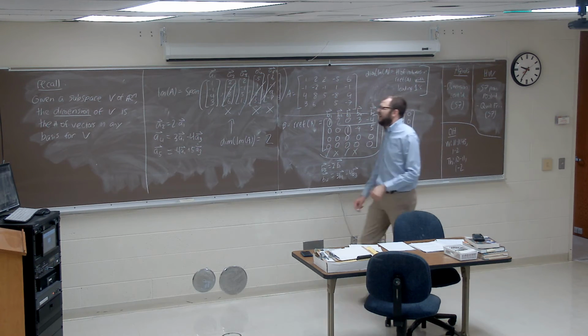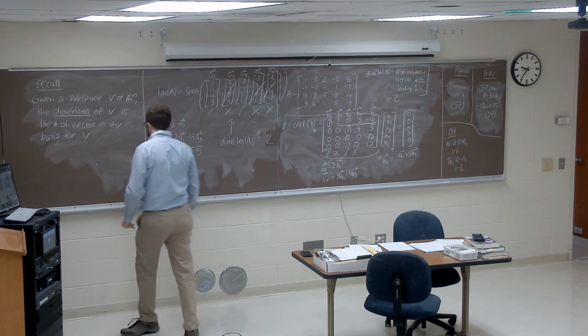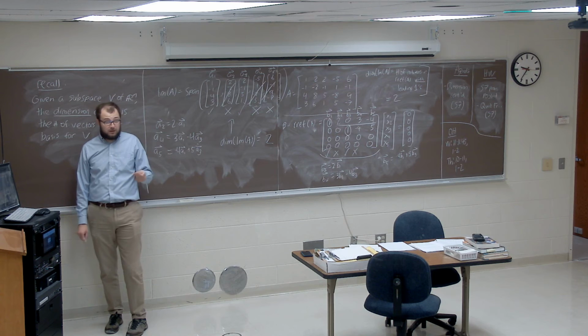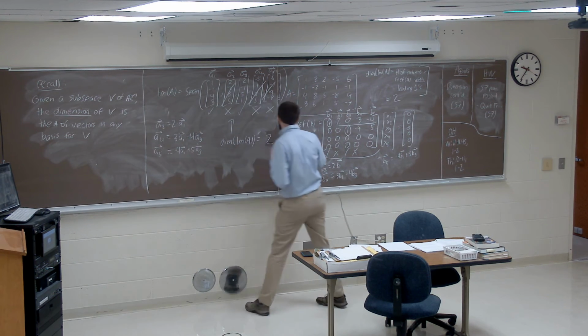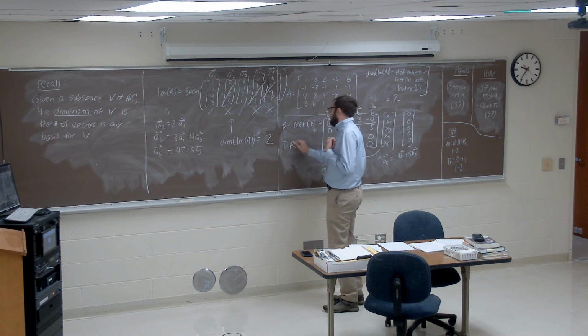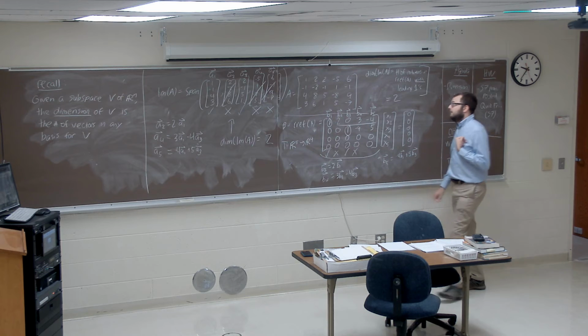Which I hesitate to say is the dimension of the original space. It's the dimension of the domain of your linear transformation. Because multiplying by A gives you a linear transformation from R^5 to R^4.